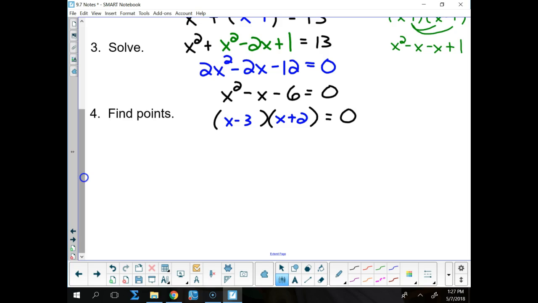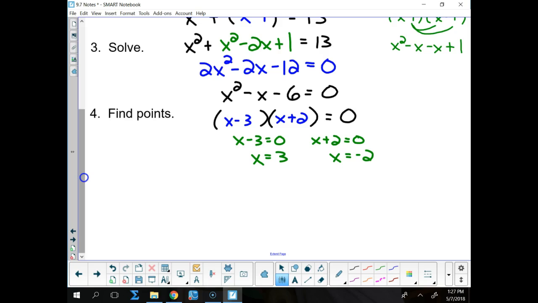Set the factors equal to 0. So we say x minus 3 equals 0 and x plus 2 equals 0. So that gives me x equals 3 and x equals negative 2.